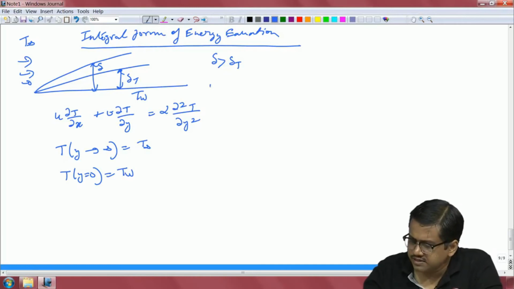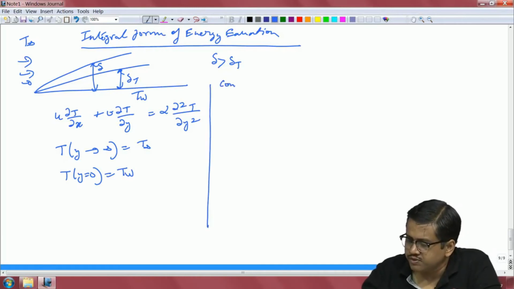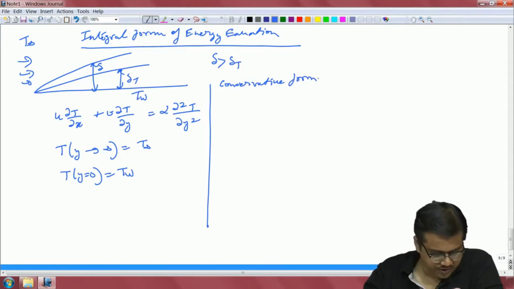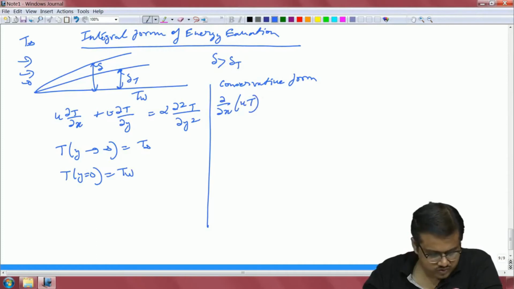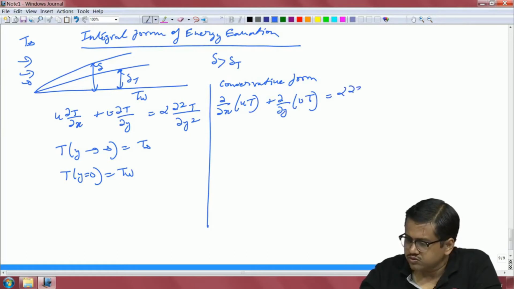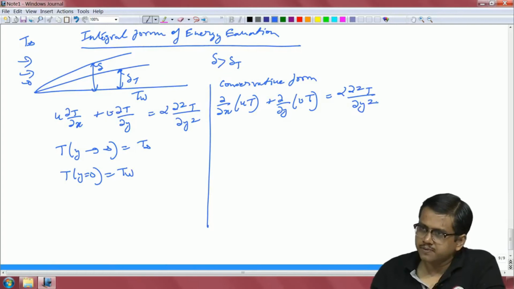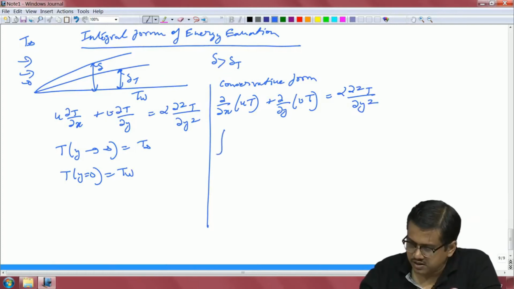Once again let us write it in a conservative form. Got it. So, now let us integrate.